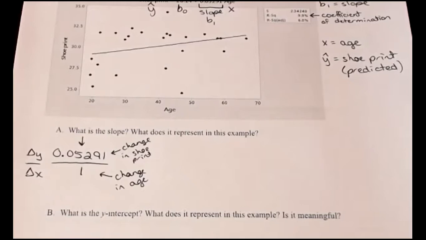Let's go with Ava. Ava, would you give this a shot? What does this represent in the example? Sorry, can I comment on something?